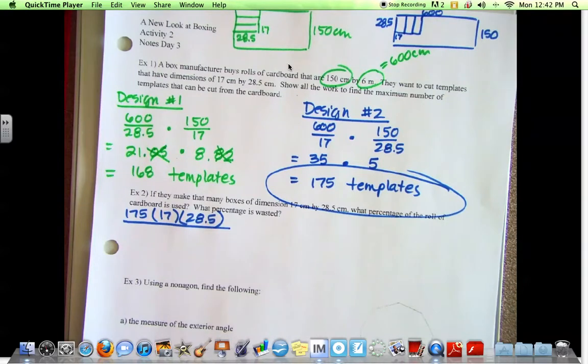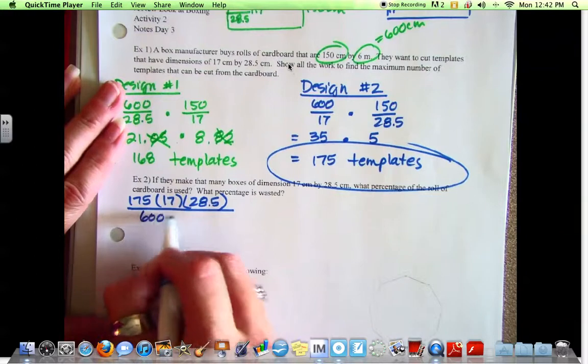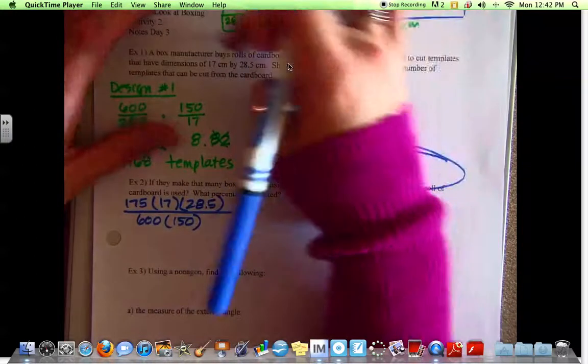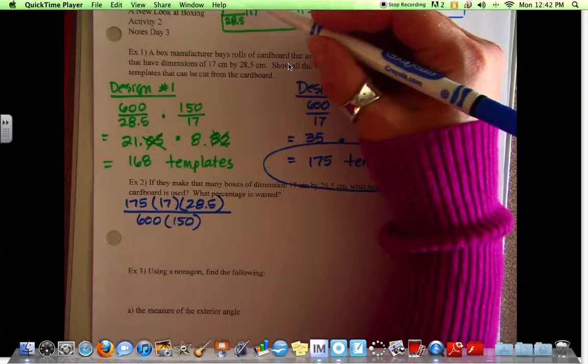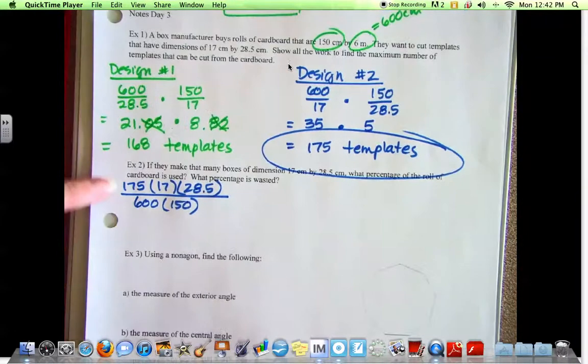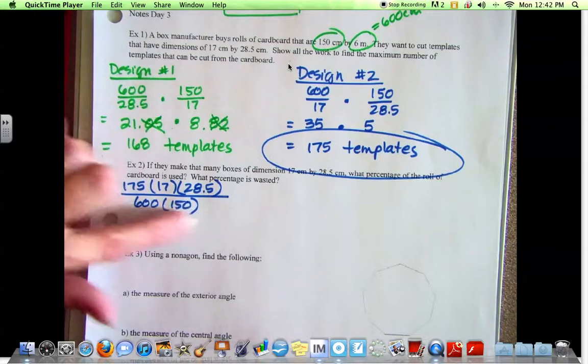The other one? No. What's the area? What are the dimensions of the area that we're cutting it out from? 600 by 150. There you go. We're taking a great big piece of cardboard and we're going to see how much we're not using. What we are using is this much right here, and this is the entire area here.